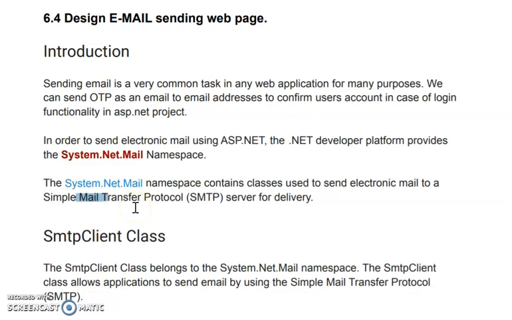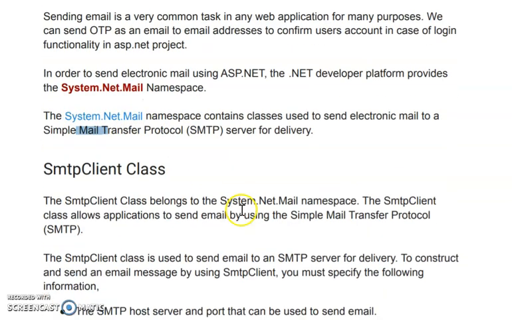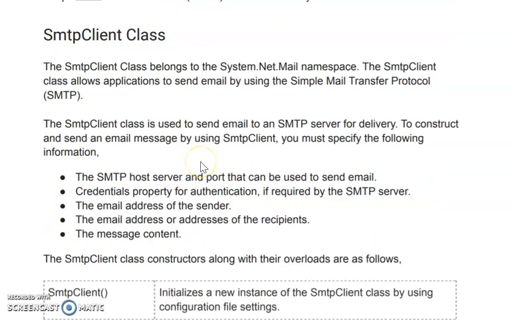So the same concept we are using here, and to use the classes that will access these SMTP services, we require to import the namespace System.Net.Mail. So import that namespace and we will see the classes one by one.